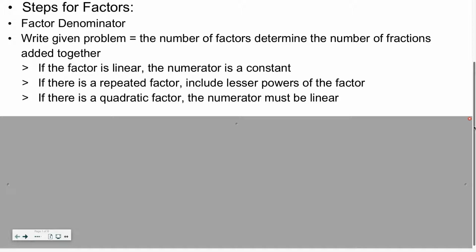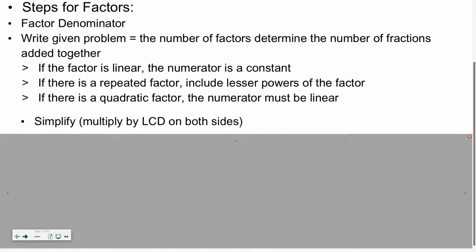Now, moving forward, after we have the setup, what you are going to do is multiply both sides by the least common denominator. We're going to have an algebra problem now. We're going to multiply both sides by the least common denominator so that we no longer have any denominators.